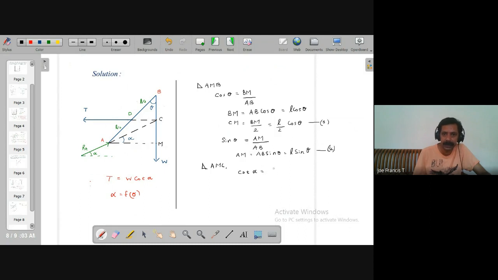Adjacent side is AM, opposite side is CM. We know both these. AM is L sine theta, CM is L by 2 cos theta. So we get cot alpha, L gets cancelled, and we get it as 2 tan theta.